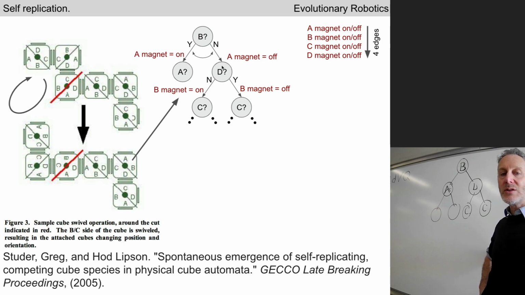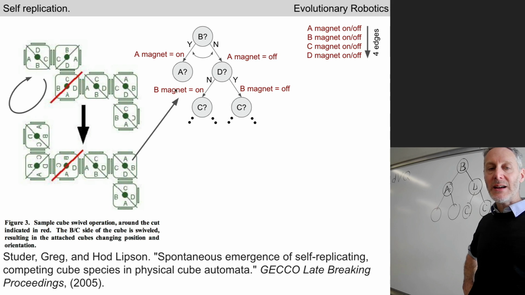As we go down here, the robot is going to perform an action, which is to turn its A magnet off. You'll notice at the top level here, it's the A magnet. At the next level down, it's the B magnet. At the next level down in the tree, there's a command for what to do with the C magnet.